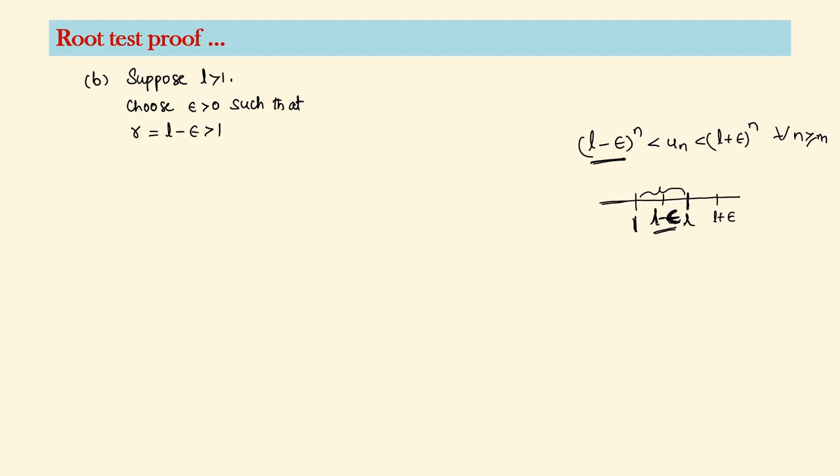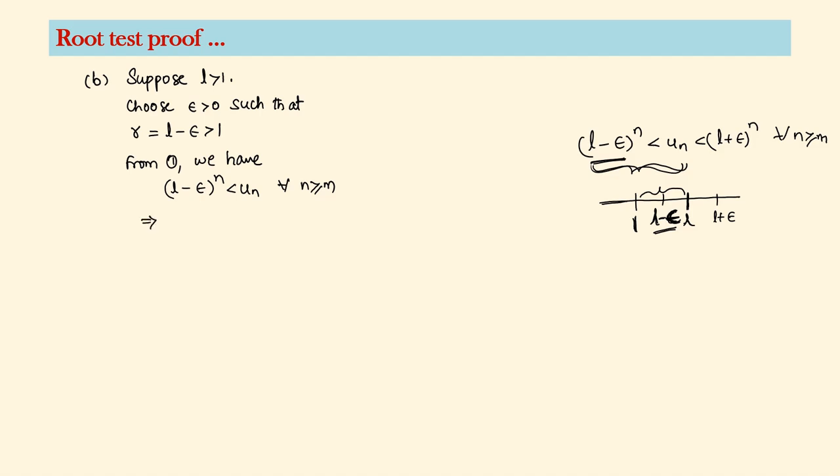So from this inequality from 1 we have, I am considering only the left two terms, which is (L minus epsilon) power n is less than u_n for all n greater than or equal to m.